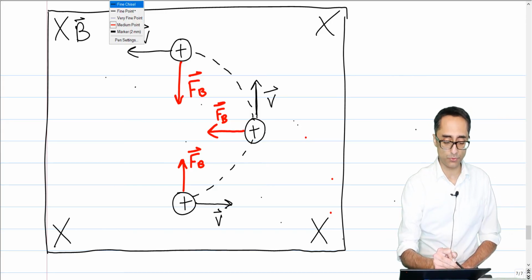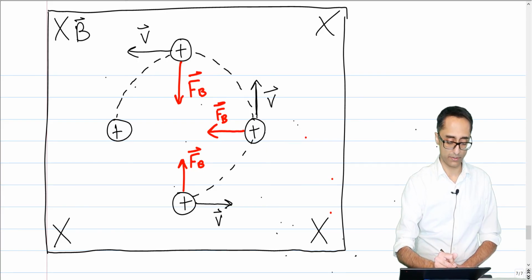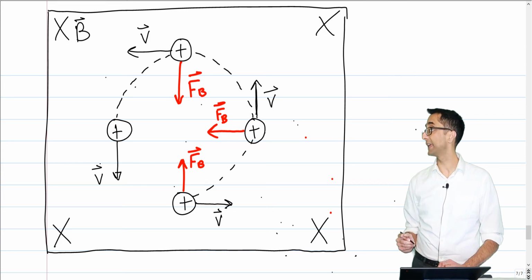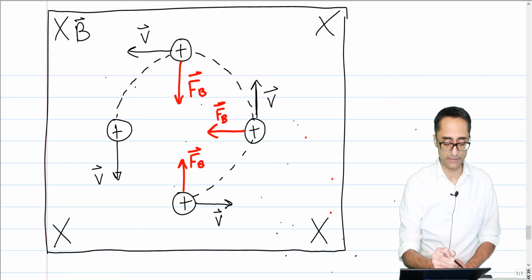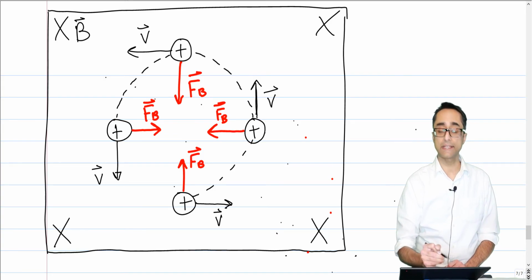And finally, continuing on, the resulting motion changes direction and leads my particle down here, where its velocity is straight down, and the force once again can be easily found with the right-hand rule. It is to the right. And so all of these forces can be much better described as center seeking.